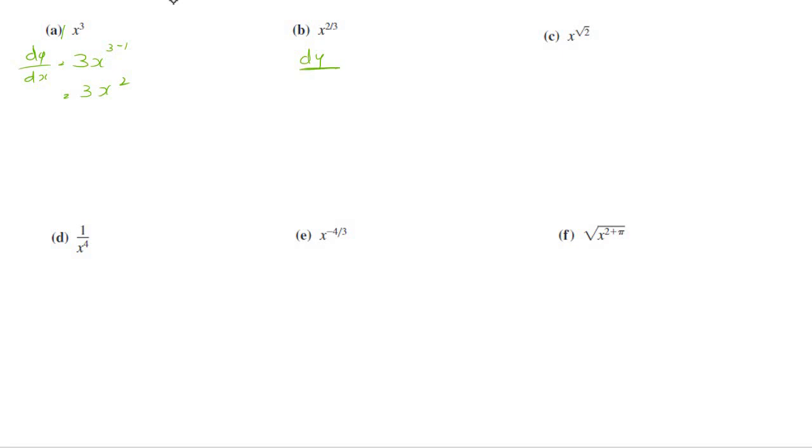If this is y, dy over dx is equal to, you take the power of x out, so 2 over 3 x to the power 2 over 3 minus 1. So we have to solve this. With 3 as the common denominator, it's 2 minus 3, so it is 2 over 3 x to the power minus 1 over 3.